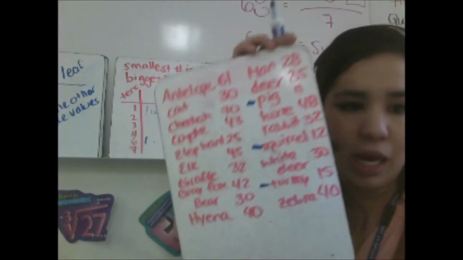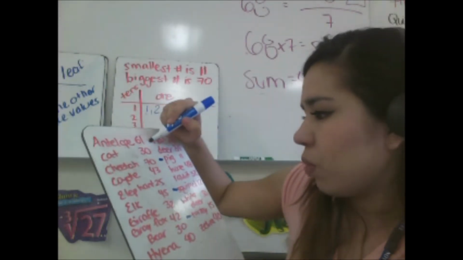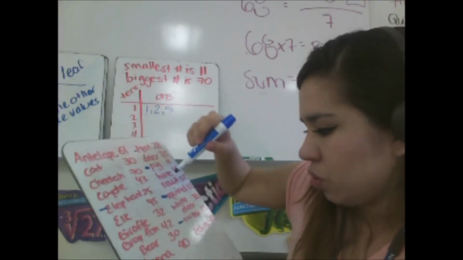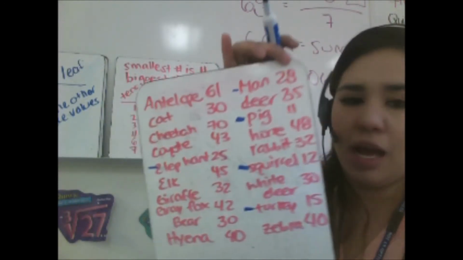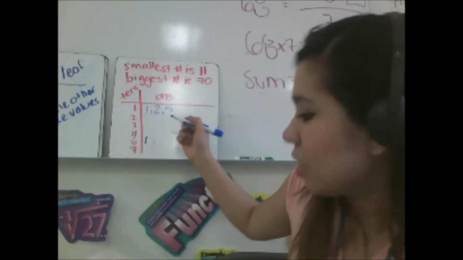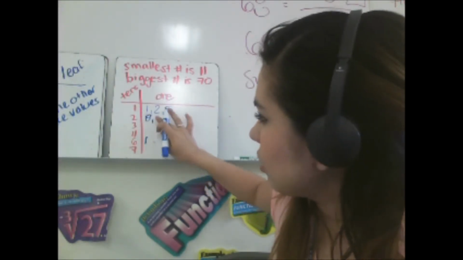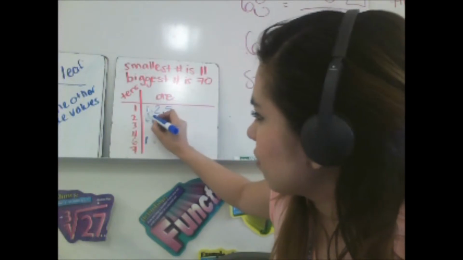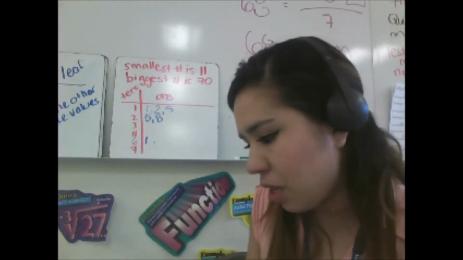Then for the 20s, I look through here and see if I have any 20s, and I have only 2 20s, 28 for the man and 25 for the elephant. So I'm going to put 28 and 25, sorry, that should be in order. So 25 for the man and 28 for the elephant. Then I look for 30s.